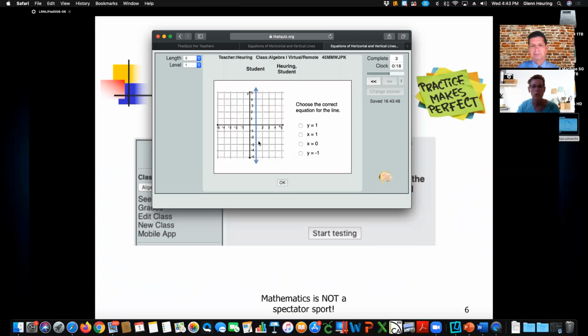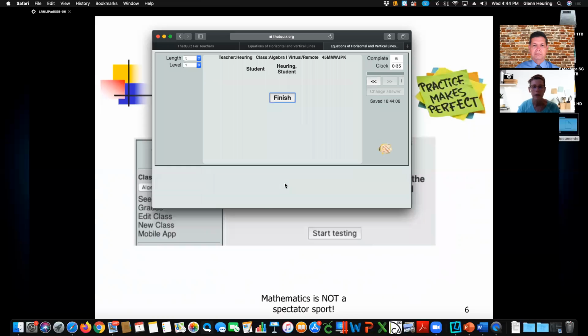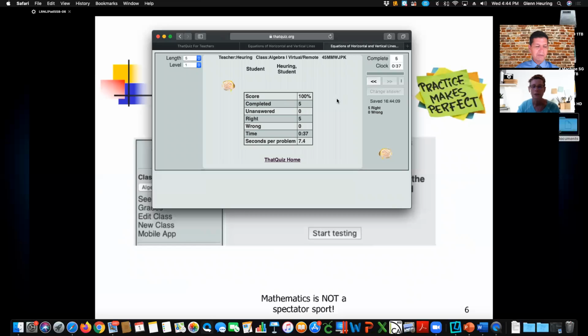That is a vertical line, so it's Vux, so our x is 1. And that is a horizontal line, and our y is 3. Okay, finish. Perfect, 100%. Well done.